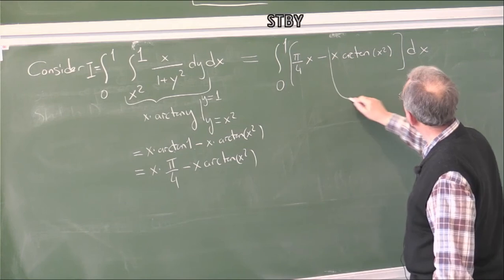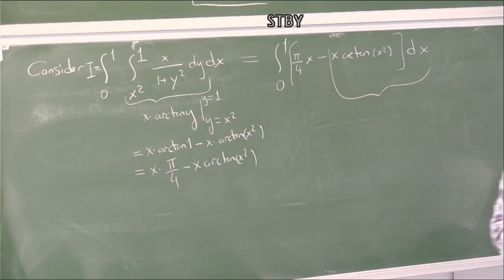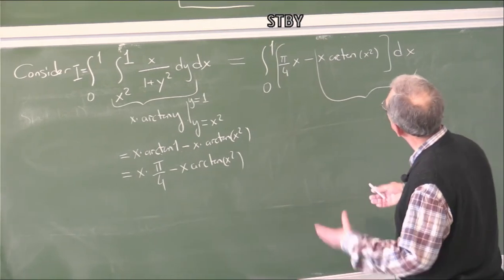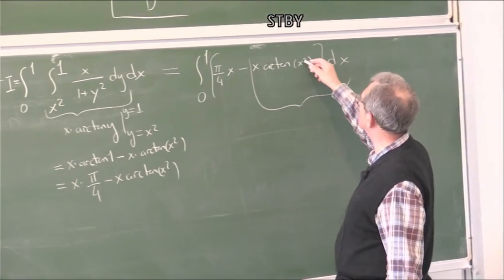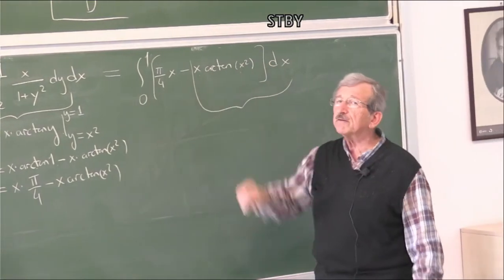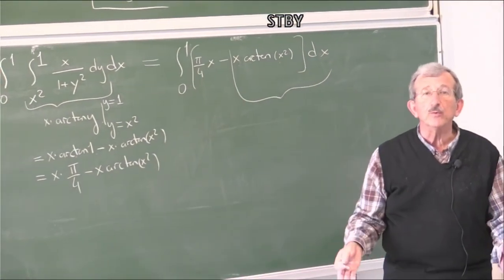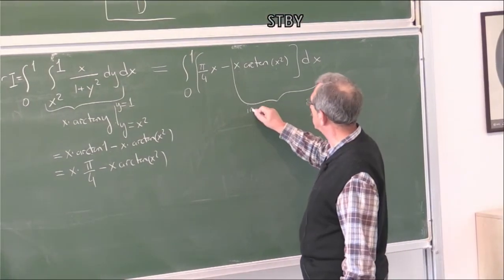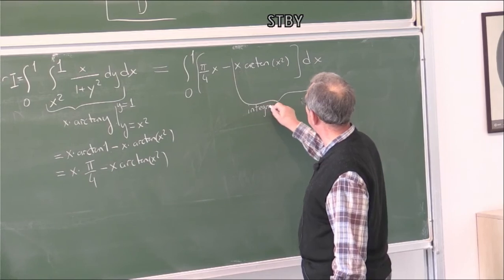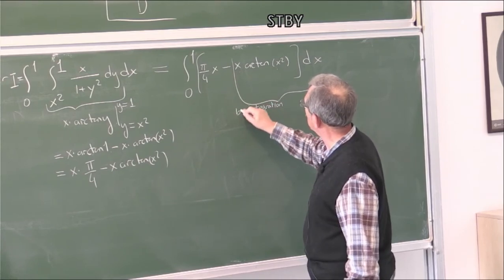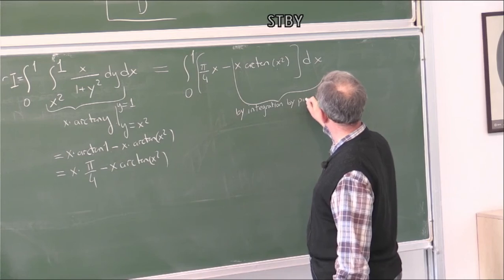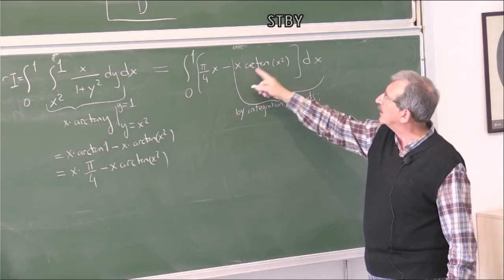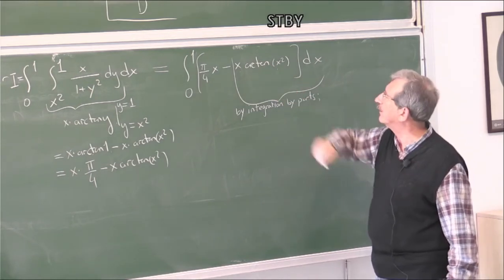Now let us look at this part first. Well, you can, of course, make a substitution, say u is x squared, here is the derivative, but you still have arctangent u, which calls for integration by parts. Okay. Of course, we want to not integrate arctangent, we want to differentiate this.